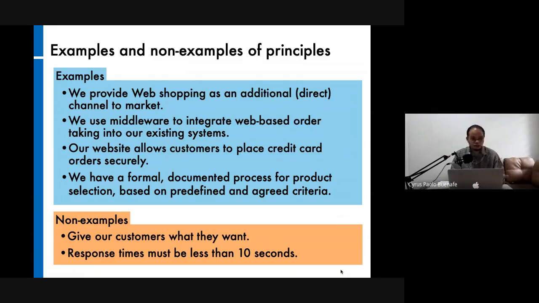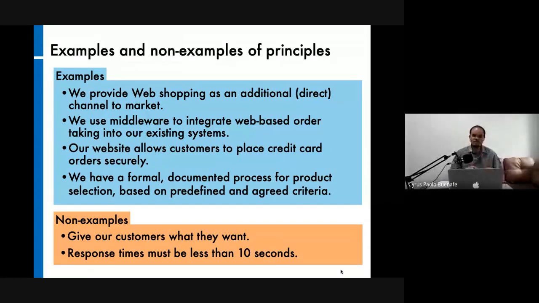Maybe your desire is to give our customers what they want, but how do you measure that, right? And as we said earlier about goals, goals have to be measurable as well. So in this regard, the statement "give our customers what they want" is not a principle.